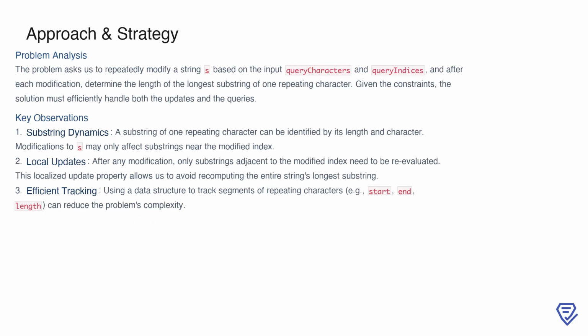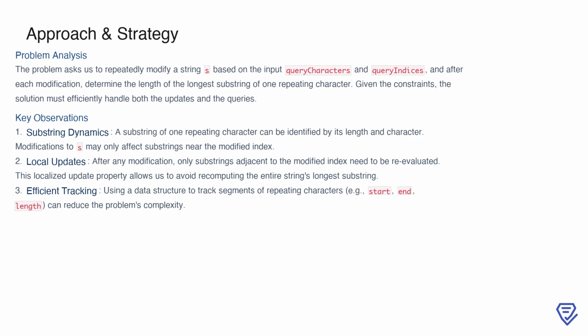To approach this problem, we start by analyzing its requirements and constraints. The goal is to repeatedly modify a string based on given queries and determine the length of the longest substring of one repeating character after each modification. Given the potentially large size of the string and the number of queries, an efficient solution is essential. Now, a key observation here is that modifications to the string only affect substrings near the modified index.